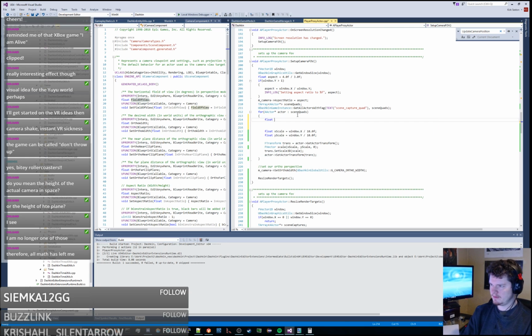So float world size X is going to be the max minus the min times 2, plus the window.x.